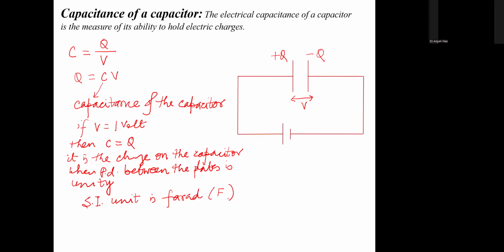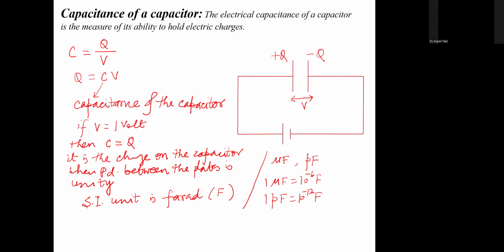The farad is an enormously large unit because the coulomb is a very big unit of charge. So more practical units of capacitance are the microfarad and picofarad. 1 microfarad is 10 to the power minus 6 farad, and 1 picofarad is 10 to the power minus 12 farad.